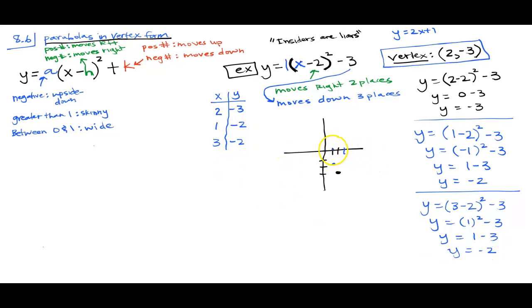So now I'm going to the right 3 and down 2. And I can kind of see the shape starting here. Parabolas are always going to be a U shape, either a right side up U or an upside down U. That's what parabolas always look like. And I can kind of see that shape taking place here. Oops, it's harder to draw on here sometimes.